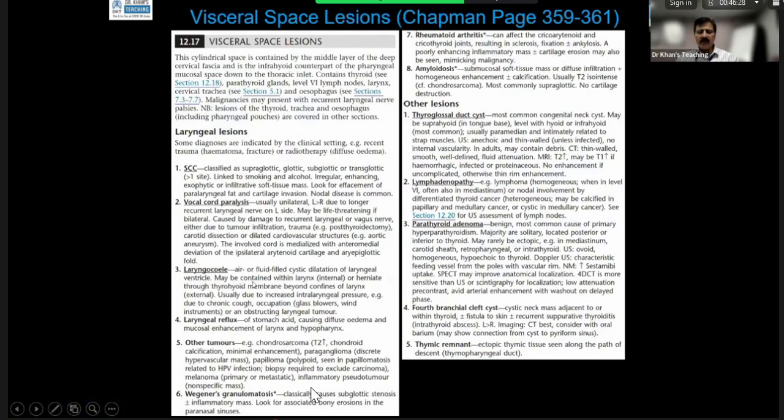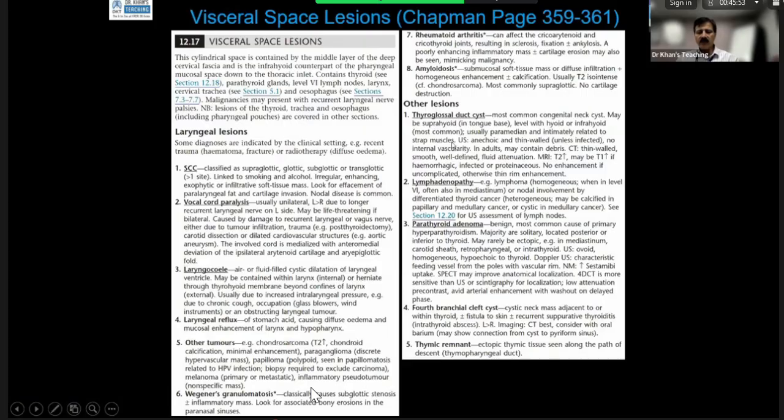It may be contained within the larynx, and then we call it internal laryngocele. If it goes through the thyrohyoid membrane, beyond the confines of the larynx, we call it external laryngocele. It is usually due to increased intralaryngeal pressure, for example, chronic cough or occupations like glass blowers or instrument musicians, etc., who can develop these laryngoceles. So SCC is important, laryngocele is important.